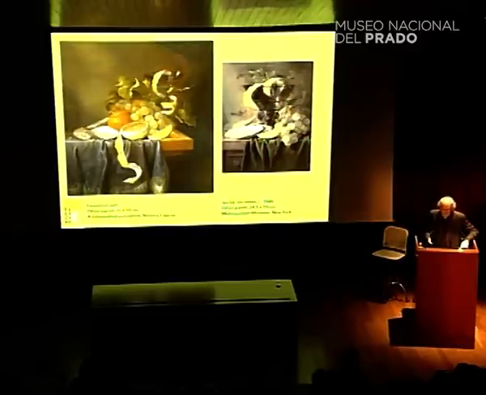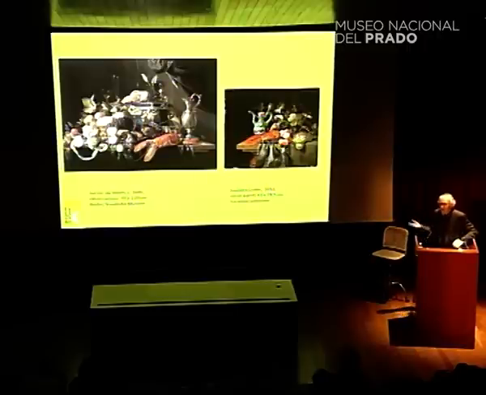The interesting thing is that Laurens Kraan must have spent some time in de Heem's studio in about 1645, 1646, and then for the rest of his life he kept on painting still lifes in de Heem style from that year. So while de Heem himself changed and developed, Kraan was still doing the same thing 20 years later.